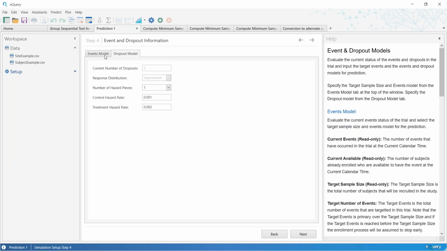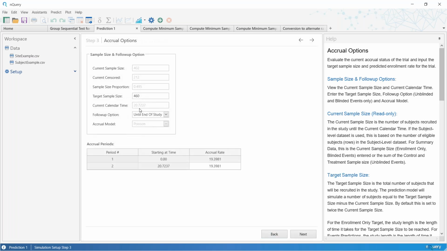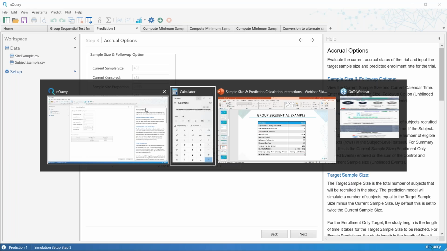And that means that what's driving the fact that this trial is taking longer than expected to reach the target, where we're behind schedule, is the event process. So remember, in this universe, we're about 20.7 months into this study, so we're about 3 months behind where we hoped to be.